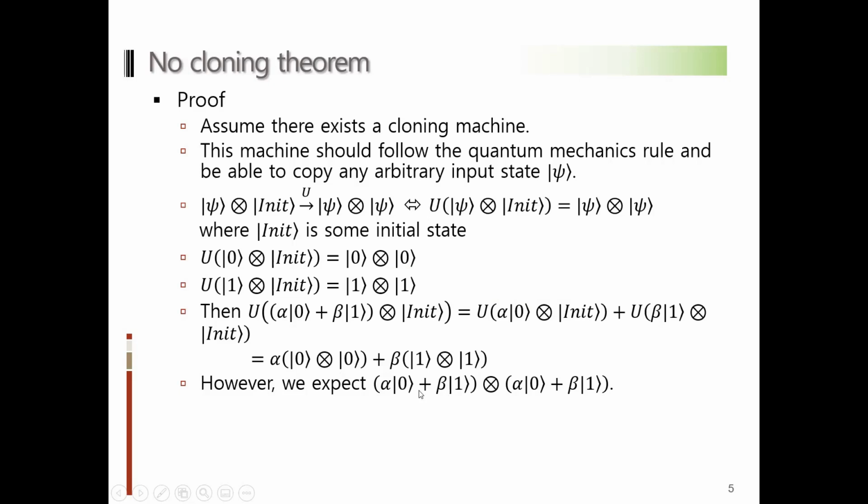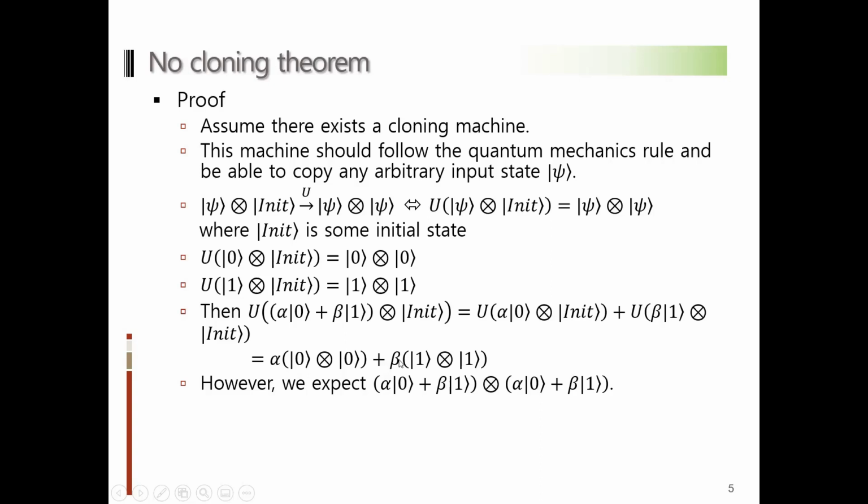Of course not, because if we expand this state, then there will be 4 terms in the summation, and even for the first term, which is the 0, 0 basis, it will be alpha squared, while here it is only alpha, and the final 1, 1 combination will also have a beta squared, while this is beta.